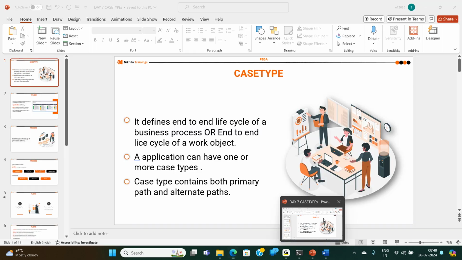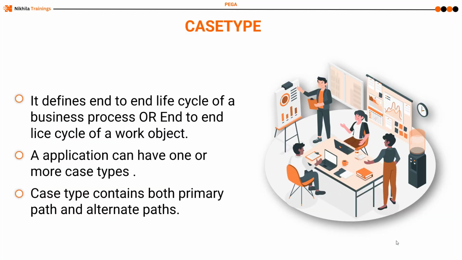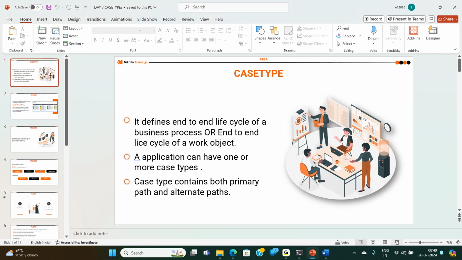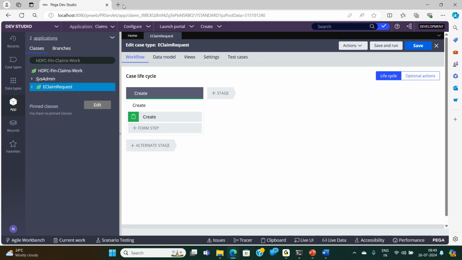Let's come back. So case type means just building the end-to-end life cycle of a business process. And please remember, in one project, I can have multiple case types. Let's say Paytm is my project. In Paytm, what all am I doing? Let me open Paytm.